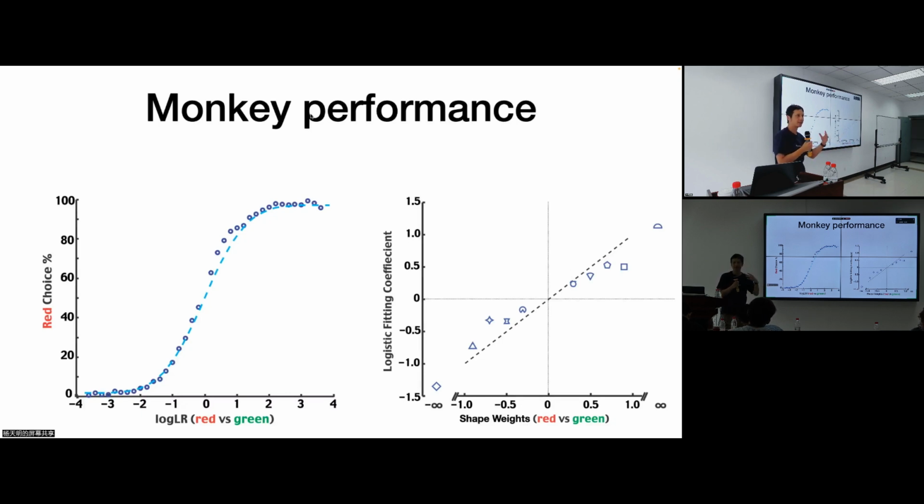The alternative explanation is that the monkey just does not calculate the probability perfectly. There's noise in the computation that leads to this. If everything sits on the diagonal, that's perfect probability matching. It looks like the monkey is doing that, but I tend to believe that the monkey is not doing probability matching. It's just that the noise happens to make the monkey look like it is doing probability matching. Yeah.